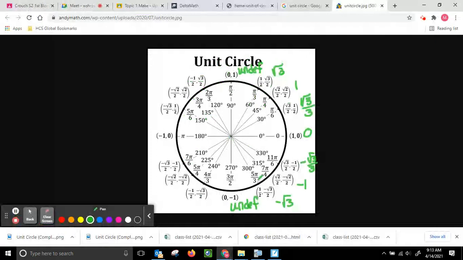All right, well, if I go to 5 pi over 3, sine is my y coordinate. All right. So what is my y coordinate here? I'm circling it on the screen. Shouldn't be that difficult. -√3 over 2.